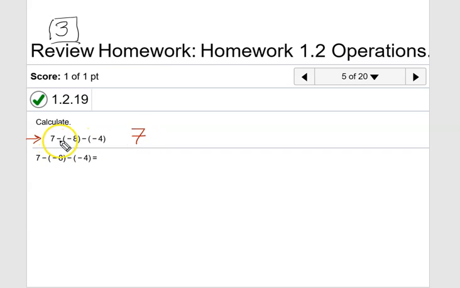Now the opposite of a negative makes this arrangement a positive. So this will become plus 8. The opposite of a negative makes this a positive. So this is going to be 4. So 8 and 4 is 12, plus 7, 19.